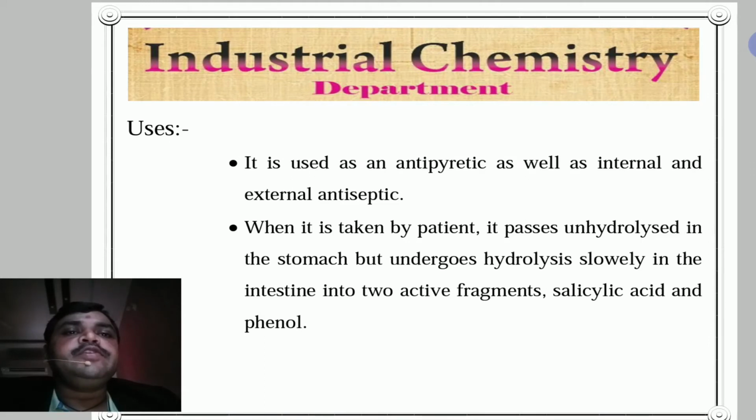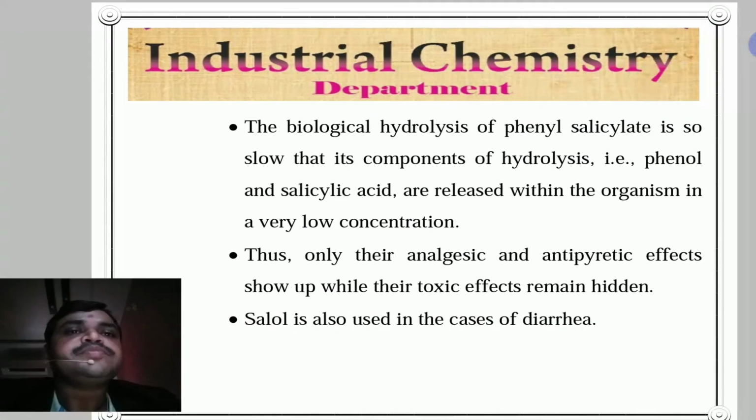It is used as an antipyretic as well as an internal and external antiseptic. When it is taken by a patient, it passes unhydrolyzed in the stomach but undergoes hydrolysis slowly in the intestine into two active fragments, salicylic acid and phenol.